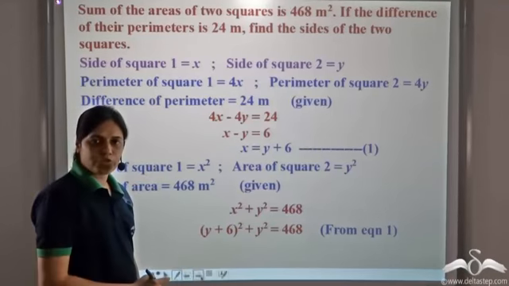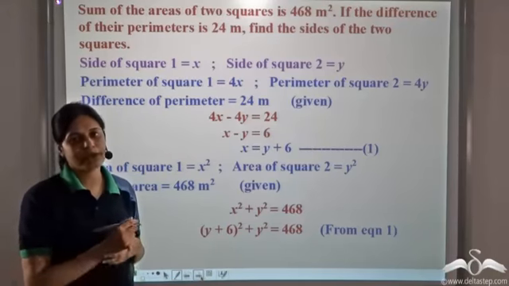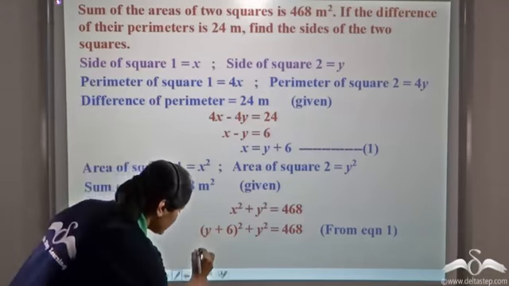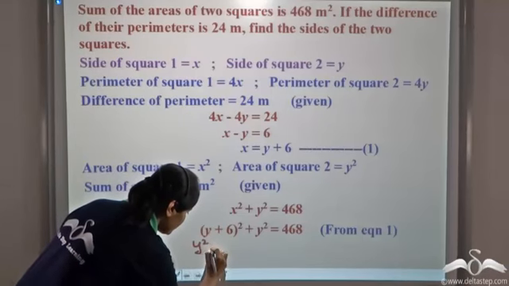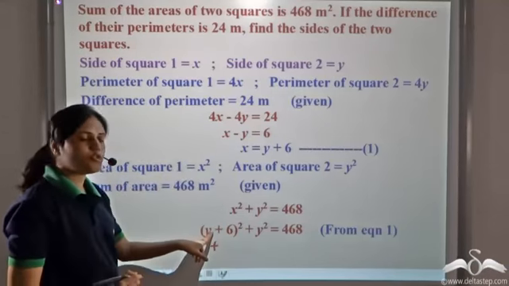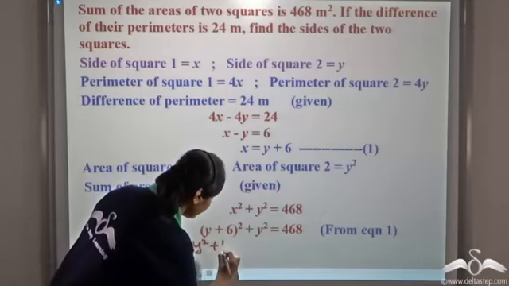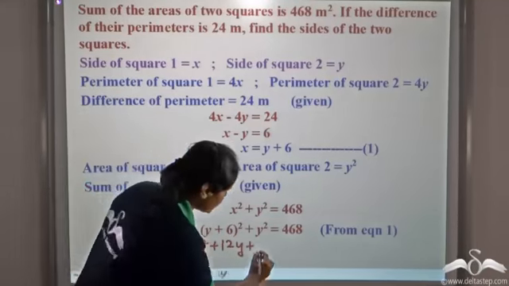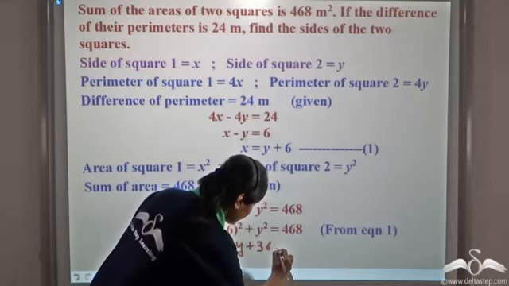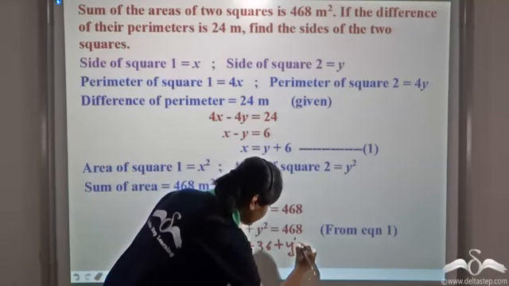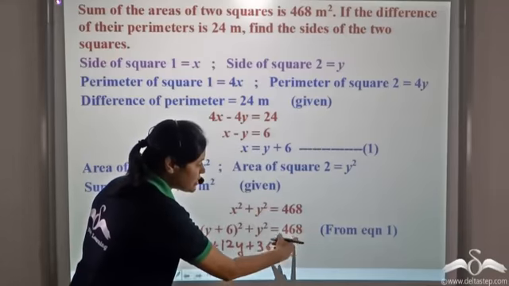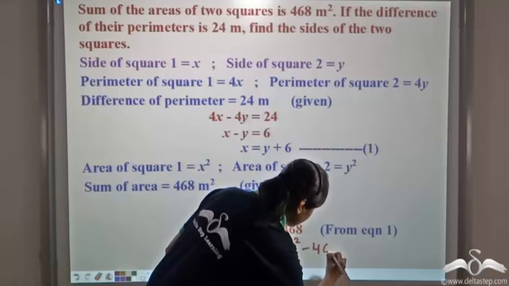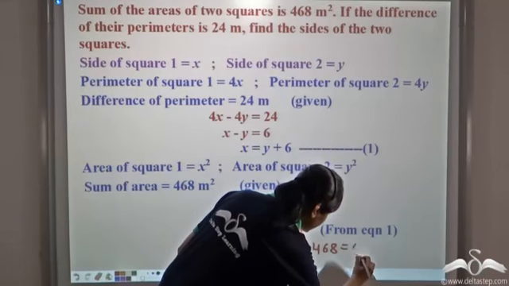Using (a plus b) whole square equal to a square plus 2ab plus b square, let us expand this. This becomes y square plus 2 into y into 6 is 12y plus 6 square is 36 plus y square, and let us bring this 468 also to the left hand side. Minus 468 equal to 0.